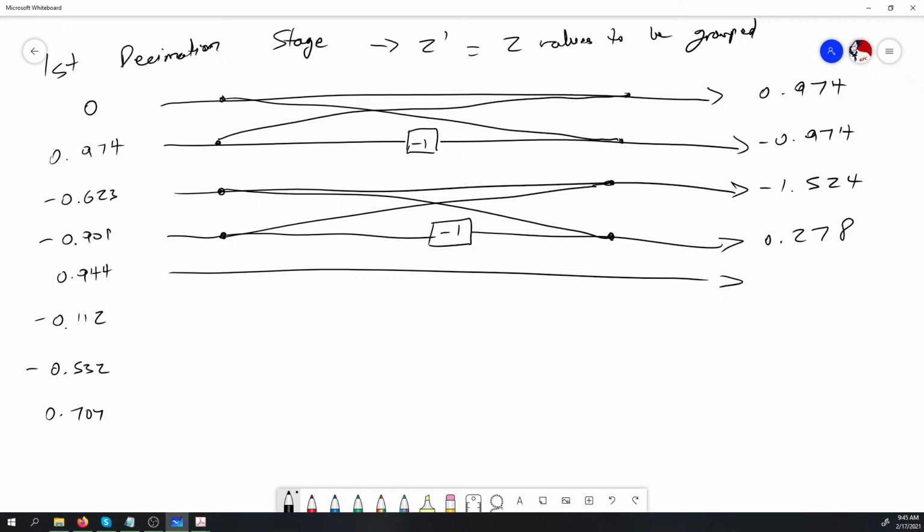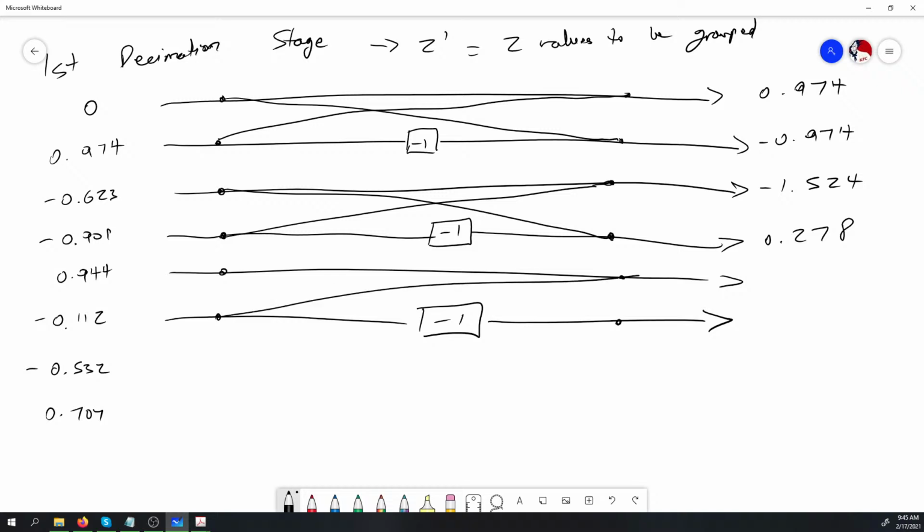And do this one. Put in my crosses for the butterfly. This here will calculate out to 0.832 and 0.6.